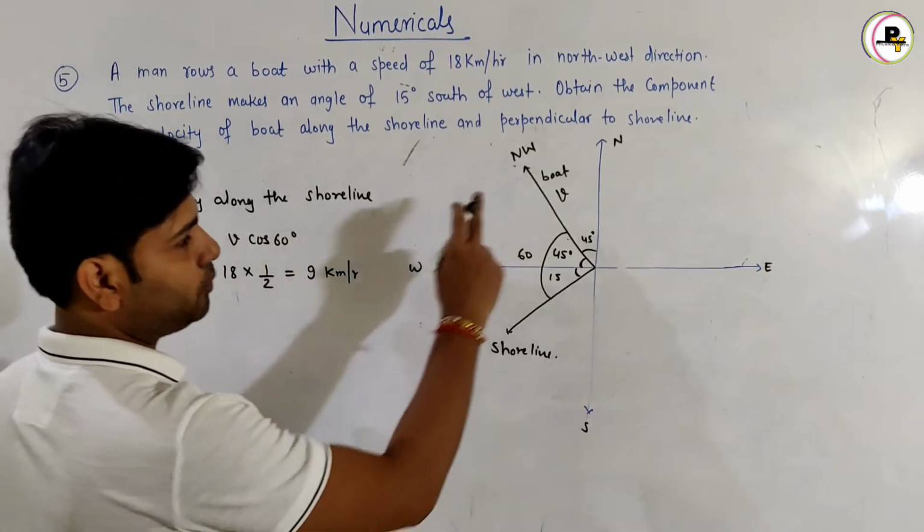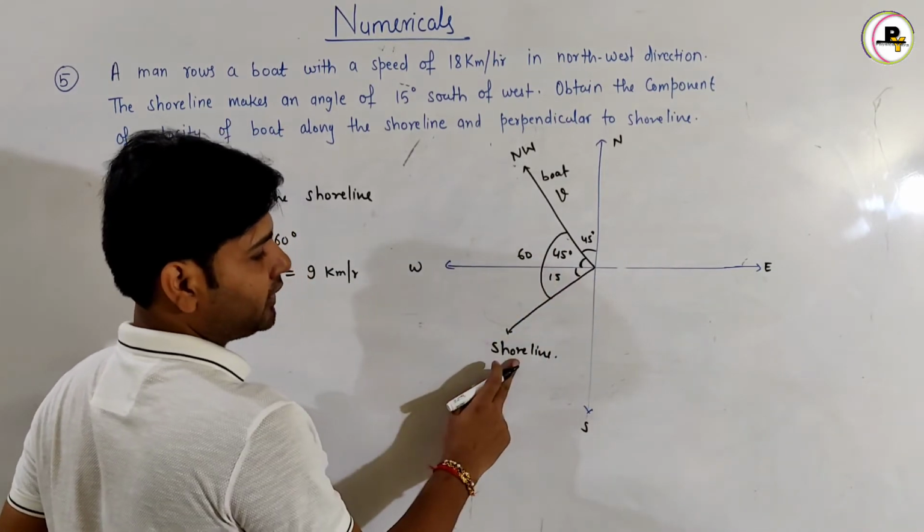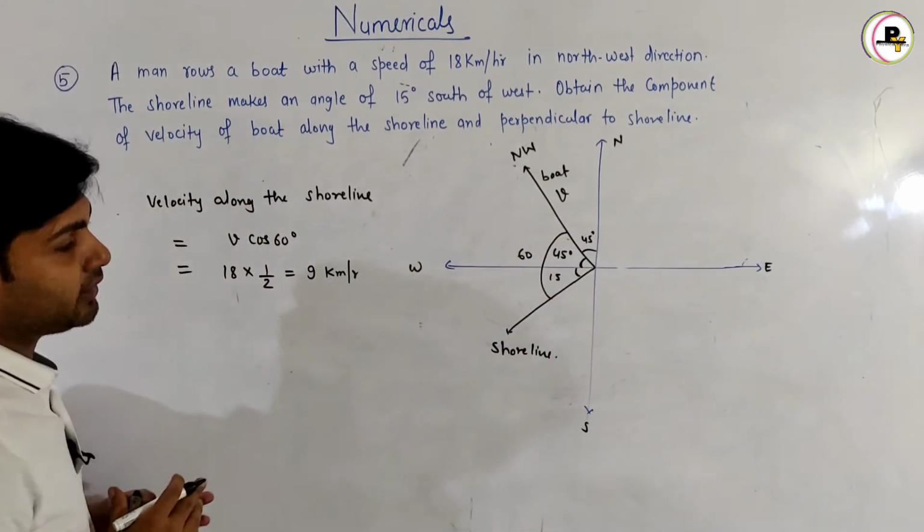So the velocity of the boat along the shoreline is 9 km/h.